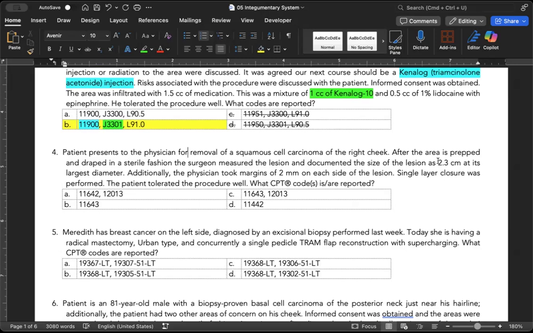So we have the size of the lesion is 2.3 centimeters. And then we have margins of 2 millimeters on each side. So what is our total diameter of the lesion?